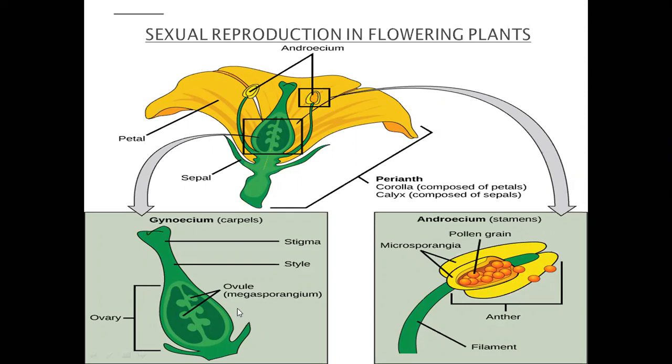When these pollen grains come and make a pollen tube here, because they have one tube nucleus, the tube nucleus makes one pollen tube, and that pollen tube helps the male gametes reach towards the ovule, and here they fuse with each other. This fusion is called fertilization. It's all about today's lecture. If you have any query, please tell me.